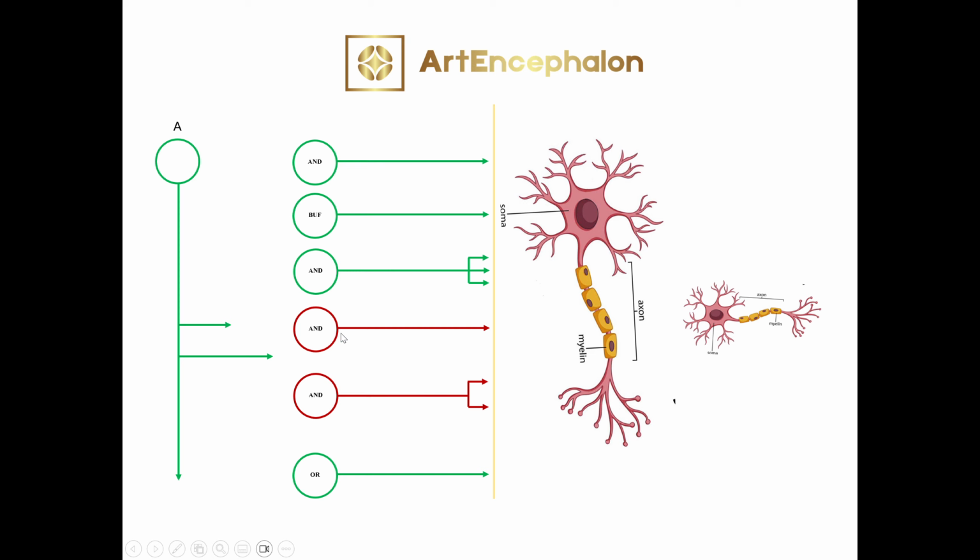By inhibitory neuron, we mean that its contribution to the postsynaptic neuron is negative. That means rather than helping the postsynaptic neuron to fire an action potential, it is further preventing it from firing an action potential. So it's having a negative contribution to it.